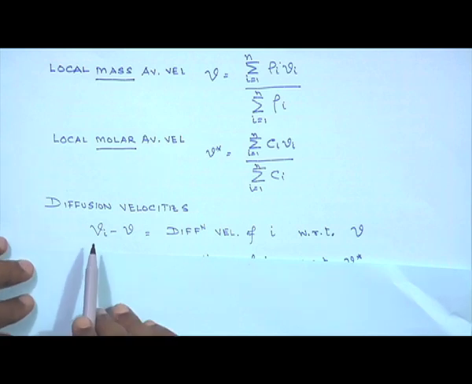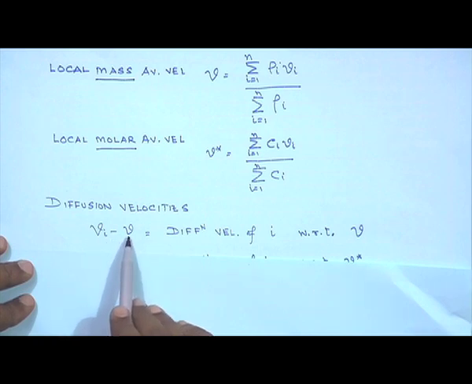However, the species A present in it has a different velocity because it is also diffusing as a result of the bulk flow as well as a concentration gradient imposed on it. If we want to separate the diffusion from the bulk motion of the fluid, then the diffusion velocity is something which is exclusively due to diffusion for a species A, and it is expressed in terms of Vi, the velocity of the ith species.